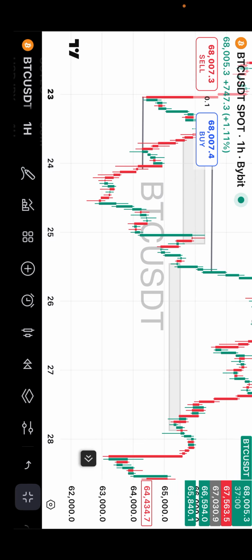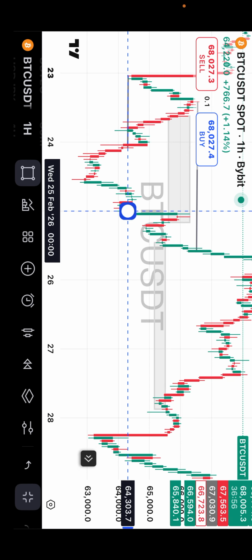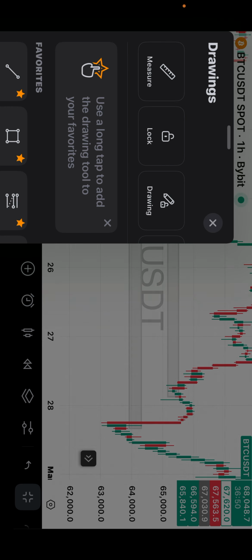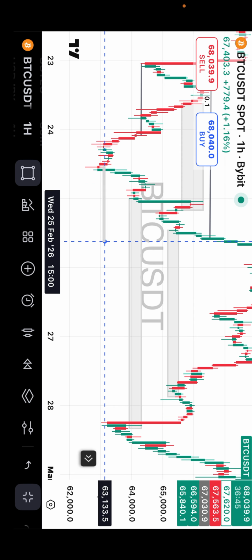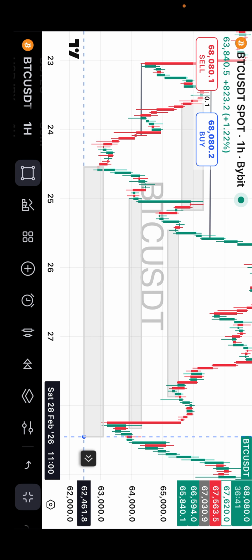Okay, that has been tested already. We have another one here. This is the second demand zone. And then we have the last demand zone here. This is the last candle for this massive buy that happened.